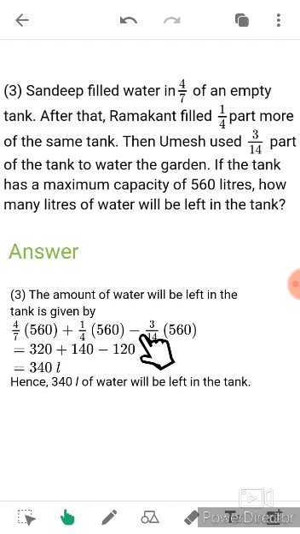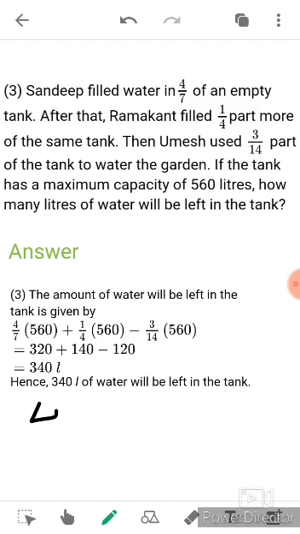Umesh used water for the garden, that is 3 upon 14 part of 560, means the capacity of the tank is 560 liters. So first of all we will have to divide the numbers. Okay, so divide 560 by 7. Read the table of 7 up to 56. 7 8s are 56. Here 8 comes.